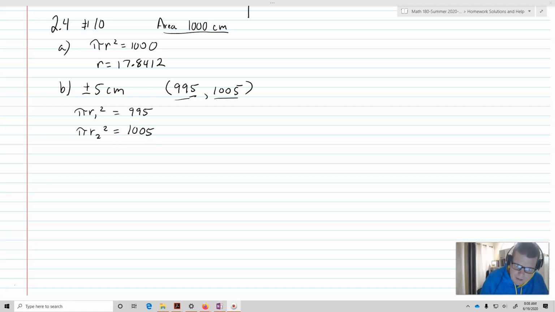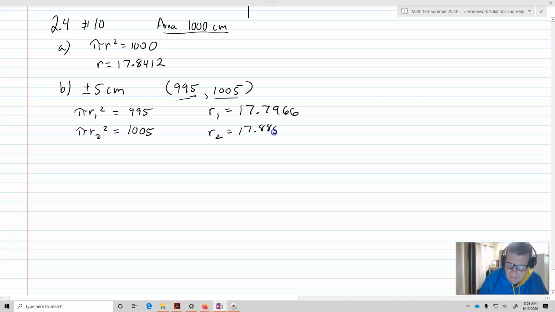When I do that, I find that r1 equals 17.7966, and that r2 is equal to 17.8858. And so those are our two radiuses. This is the radius that goes along with 995, and this is the radius that goes along with 1005. Makes sense. One's bigger, the other one's smaller.